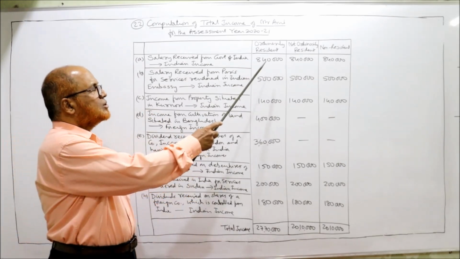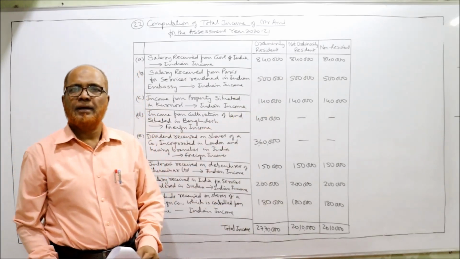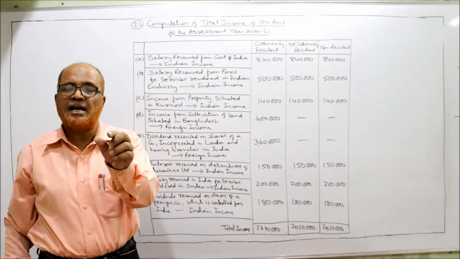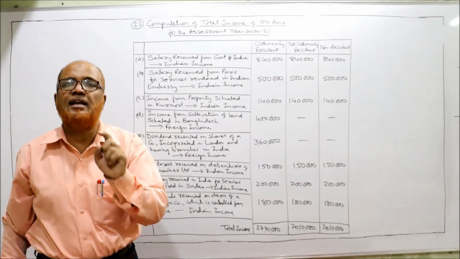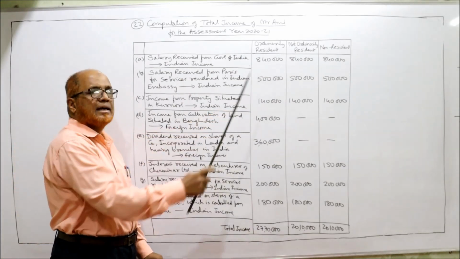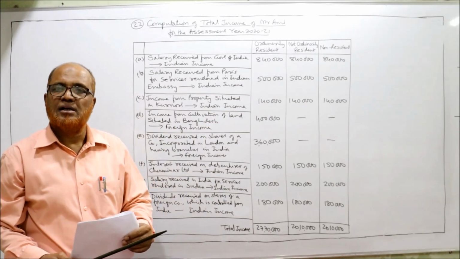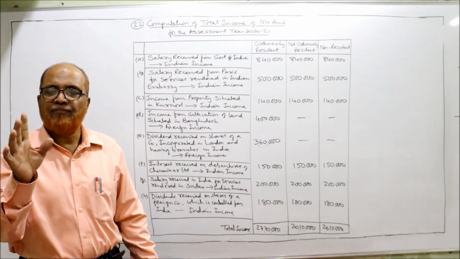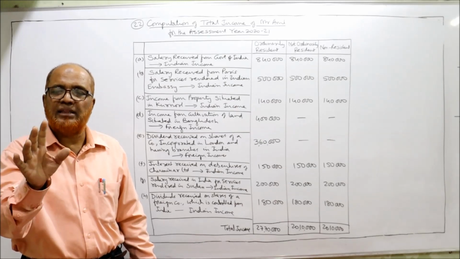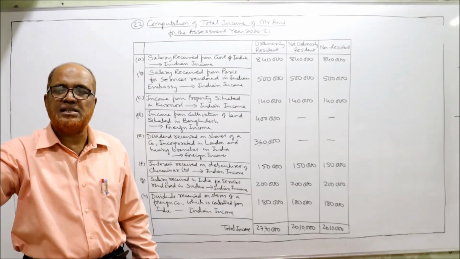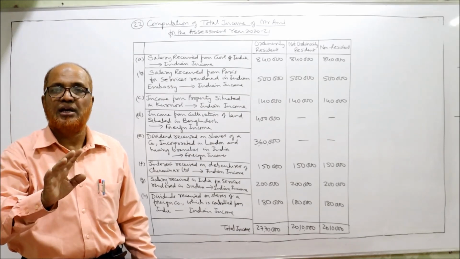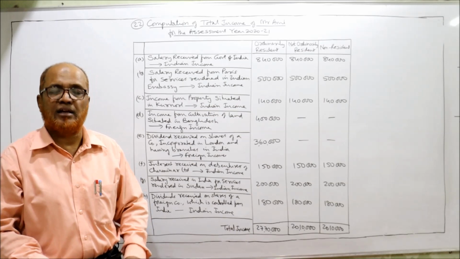So 8,40,000 we have taken in all of them, even in case of non-resident, because a non-resident has to pay tax on Indian income. So it is taxable in the hands of all the assessees. Remember one point: if it is an Indian income, it is taxable in the hands of all assessees, whether ordinary resident, not ordinary resident, or non-resident.